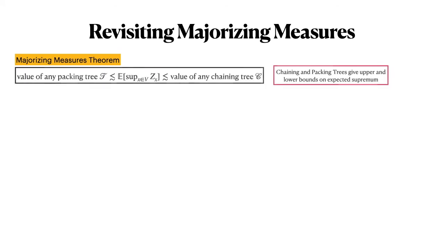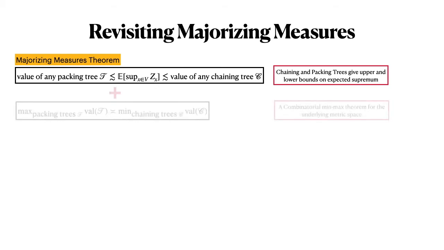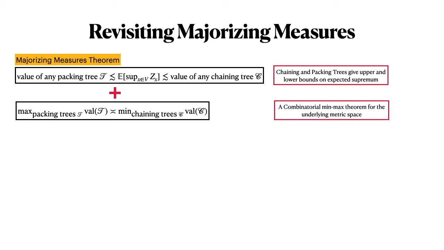So now we can revisit the majorizing measures theorem as follows. We can break it down into two parts. The first part says that the value of the expected supremum is lower and upper bounded by packing and chaining trees. And the second part is that the maximum value of a packing tree is the same as the minimum value of a chaining tree. So there is a combinatorial min-max theorem or strong duality for the underlying metric space between chaining and packing trees.